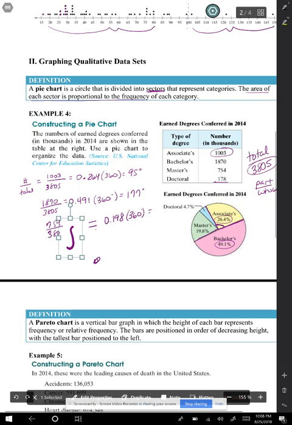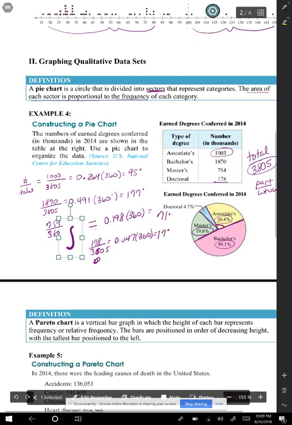And again, there you see the 19.8%. We multiply by 360 and get 71 degrees. So you can see that angle there. And then the last one is 178 over 3805. And that comes out to 0.047, multiplied by 360 is just 17 degrees.